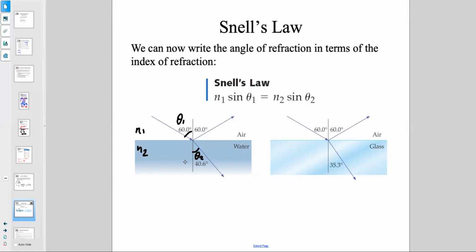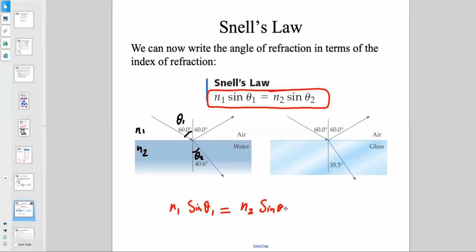So if you know n1 for air, and n2 for water, and if you have this angle, which is 60 degrees here, for example, and this angle, which is 40.6 degrees here, then you can see that there is a relationship between these values, and it's called Snell's law. So n1 sine theta 1 is always equal to n2 sine theta 2.